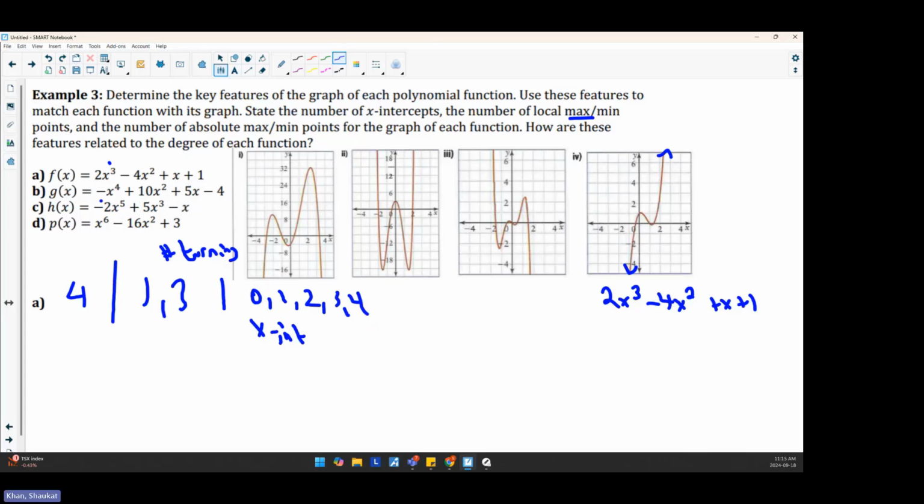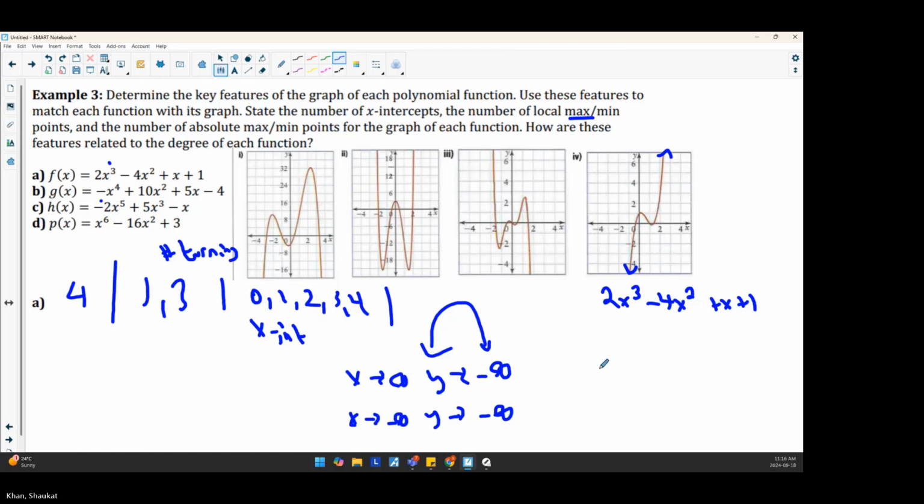And we know the leading coefficient is negative. So since it's negative, y has to go to negative infinity on both ends while x is doing its thing. Yes, it's kind of going downwards.